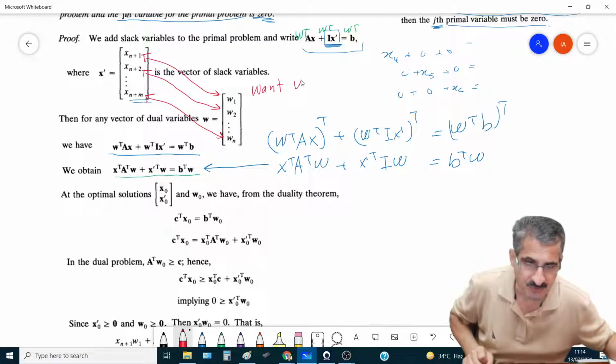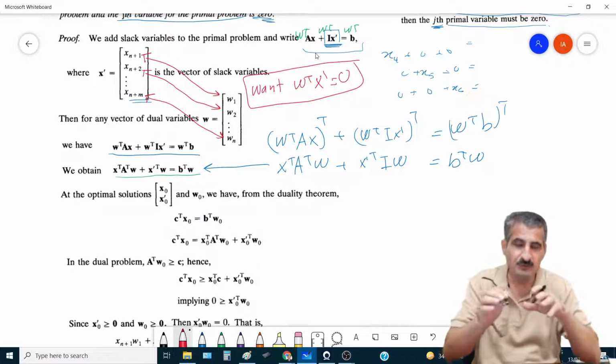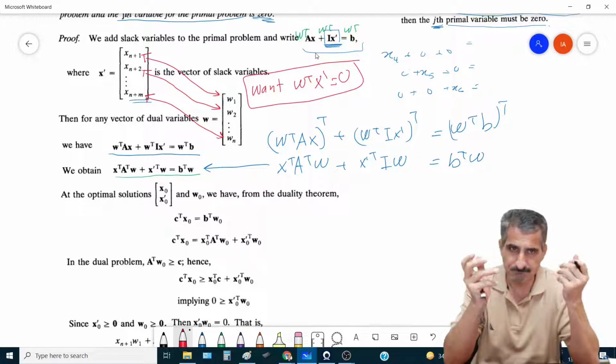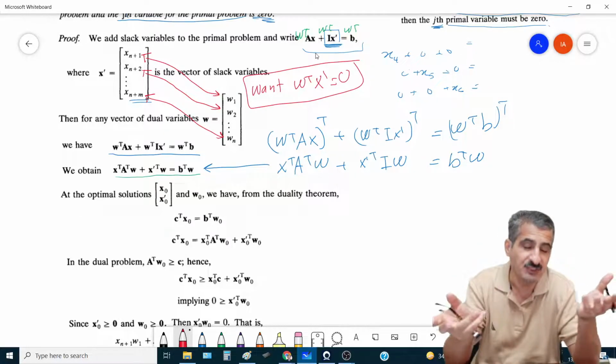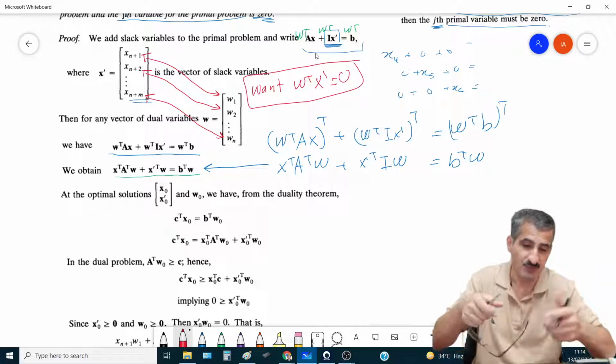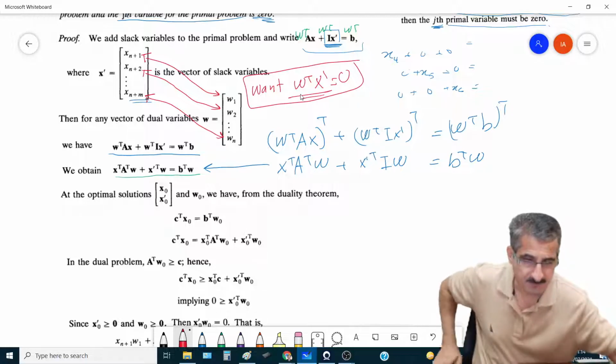We want w transpose x prime equals 0. If we show that, then we are done. Because when we do that product, all these are non-negative, and the addition of non-negative numbers equals 0. That means every one of these numbers is 0. We will see. But remember, we want to show this, okay?